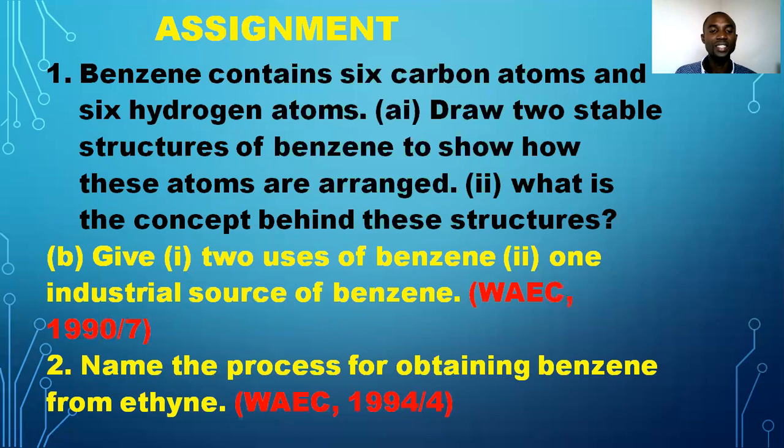II says, what is the concept behind these structures? B, give 2 uses of benzene, and 1 industrial source of benzene. WAEC 1990, number 7. Number 2 question says, name the process of obtaining benzene from ethane. WAEC 1994, number 4. These are the little assessments that I've given to you.